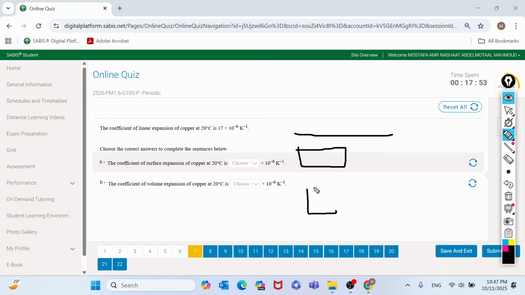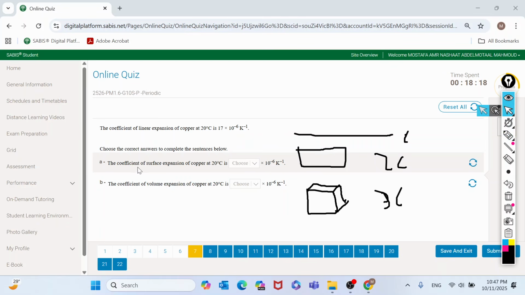Let's say it's a cube, a three-dimensional shape. Then the volume, which is like the length cubed, you multiply by 3. So this would be the coefficient of linear expansion, this would be 2 times the coefficient, and this would be 3 times the coefficient.